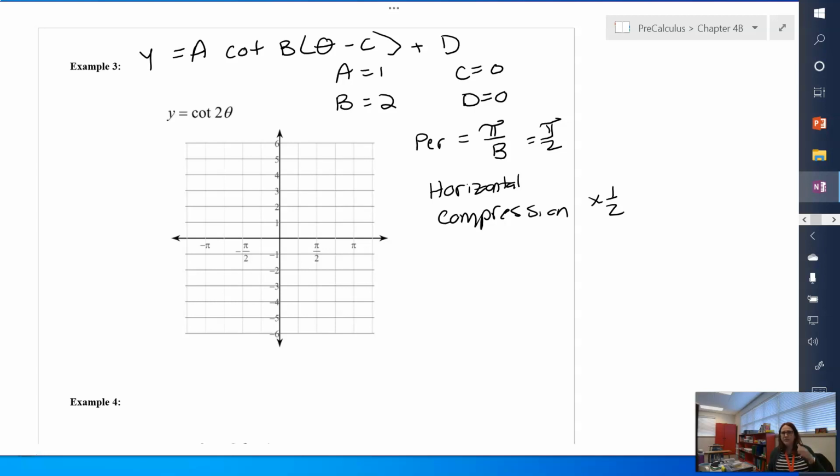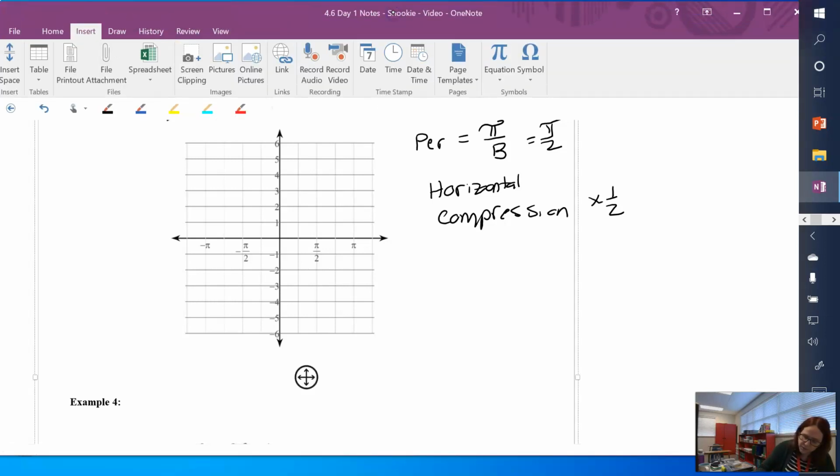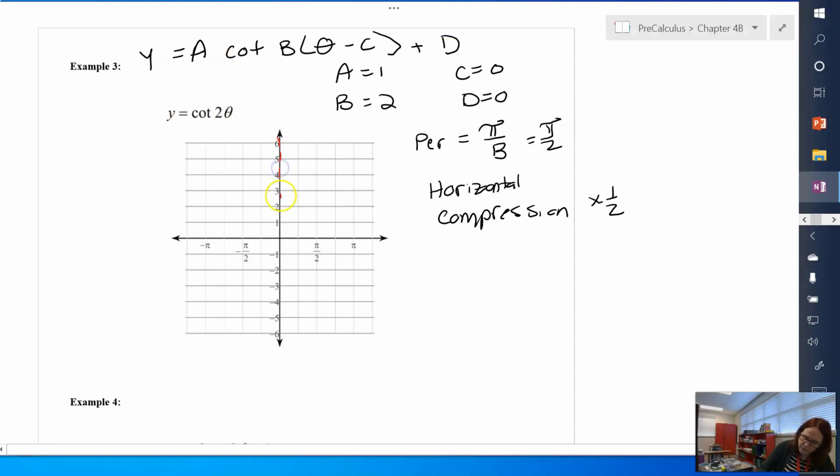So my asymptotes, instead of landing on 0, pi, 2 pi, I need to cut those in half. So it's going to be 0, pi over 2, pi. Same thing on the negative side. So sketch in your asymptotes. One right here on the axis, one here at pi over 2, another one at pi, another one here, and another one here.